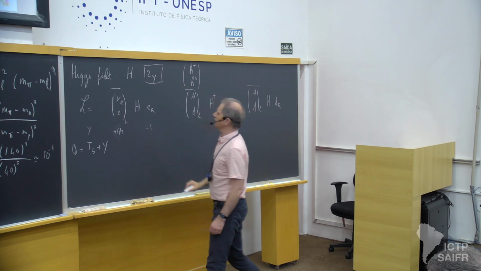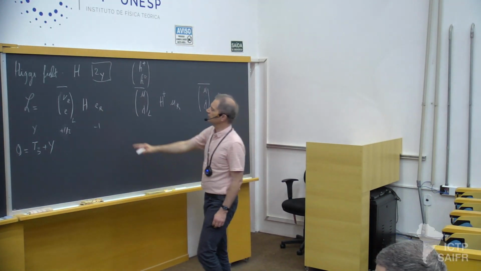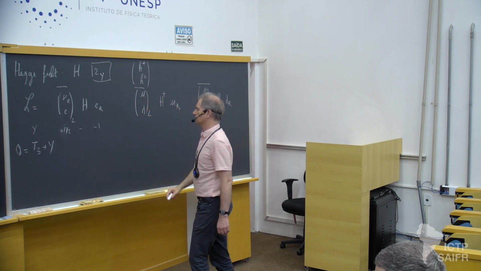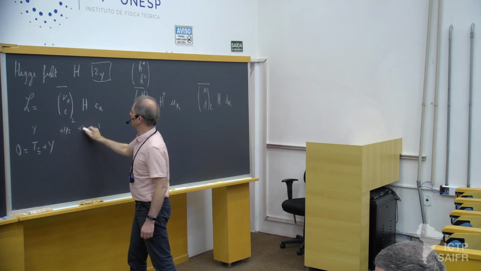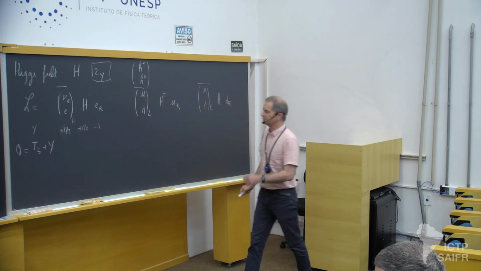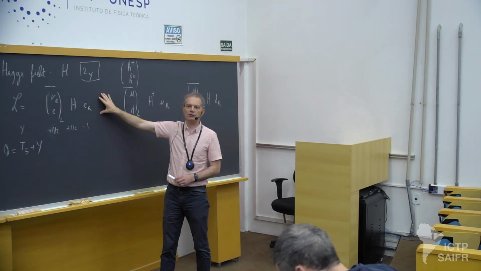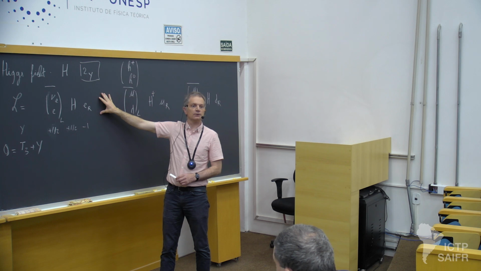Here it's -1. So I need the X to be +1/2, in such a way that this object is also invariant under U1 of hypercharge. Clear?